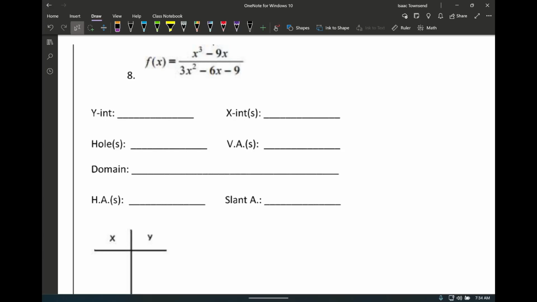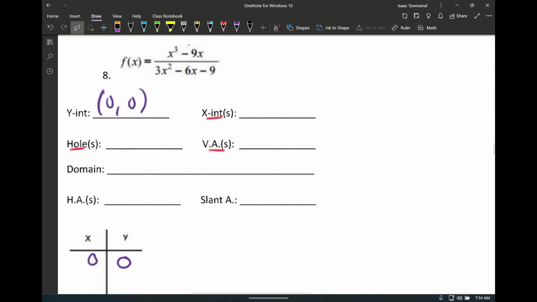Alright, so if I was to start off with the y-intercept and I plug in 0 for all of the x's, I would end up with 0 divided by -9, which is 0. So there's a point for my graph. X-intercepts, vertical asymptotes, and holes all require me to know what numbers make the numerator and denominator 0.